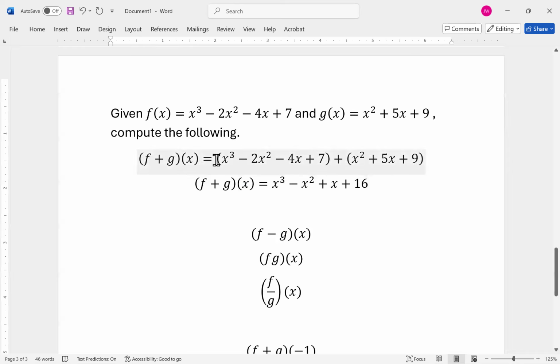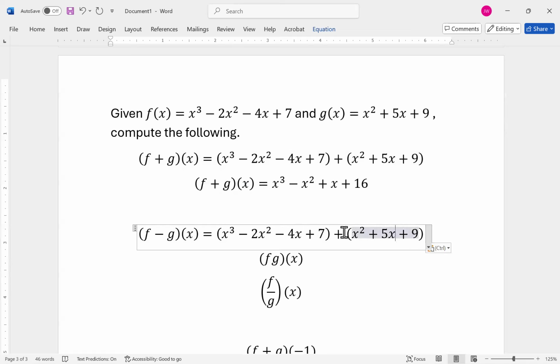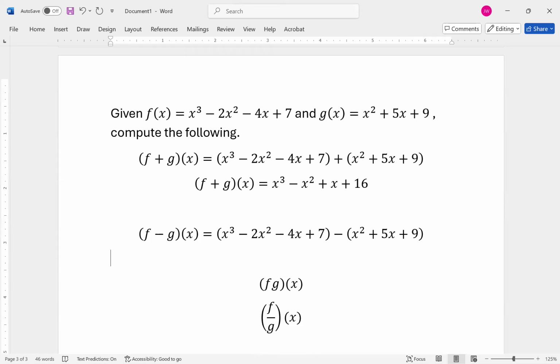In a similar way, when we subtract, all that's going to happen is I'm going to take that f of x expression and subtract g of x, the expression for the output anyways. And I can combine these as well. We get x to the third.